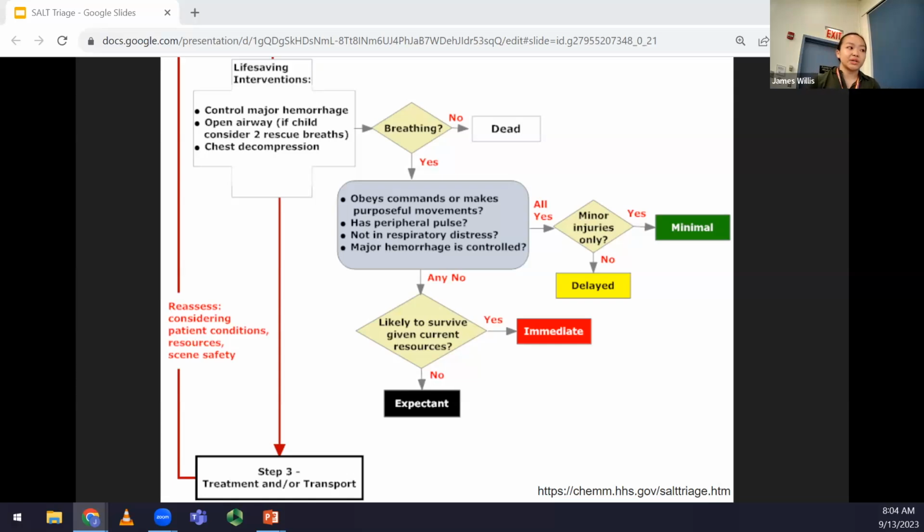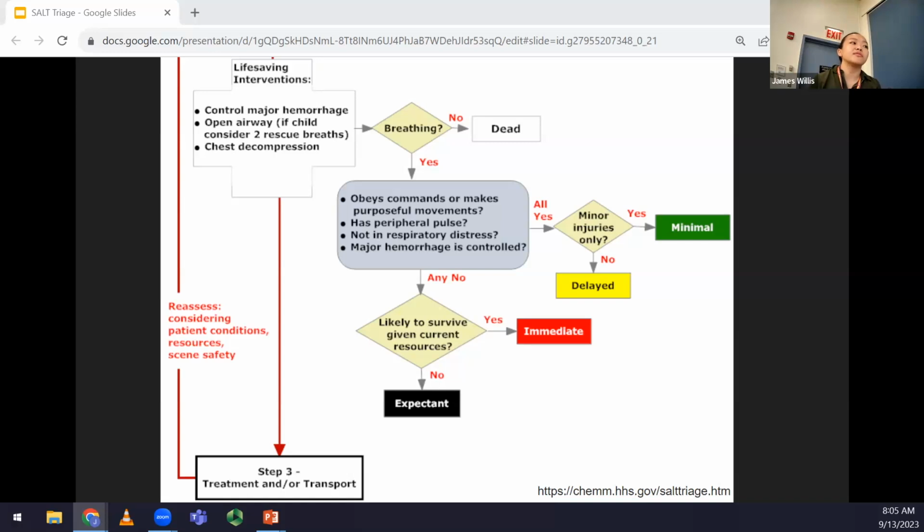Are they in respiratory distress? And is the major hemorrhage controlled after you do your basic interventions? If all of these are yes, then you have to ask yourself if they have minor injuries only. A little bit of subjectivity to the SALT triage algorithm. If you say yes, then they're green, minimal. If it's no, not minor injuries, then they're delayed or yellow.